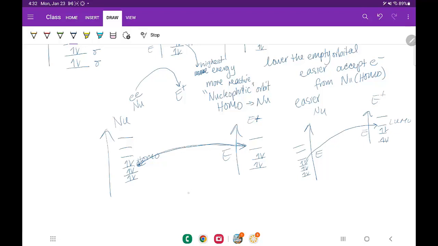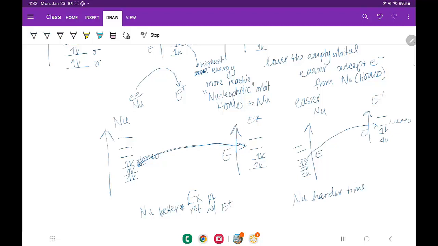So in this example, I'm going to call this example A. It's easier to share electrons, so my nucleophile can better react with the electrophile. And here, even though they can react, the nucleophile is going to have a harder time.